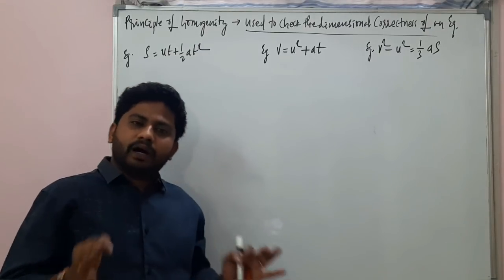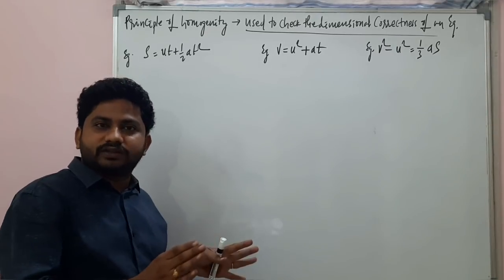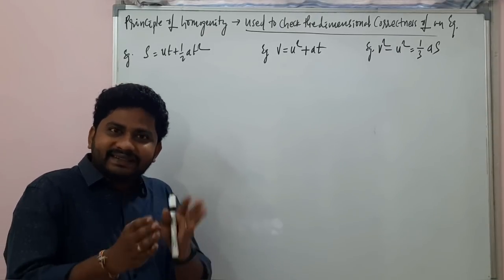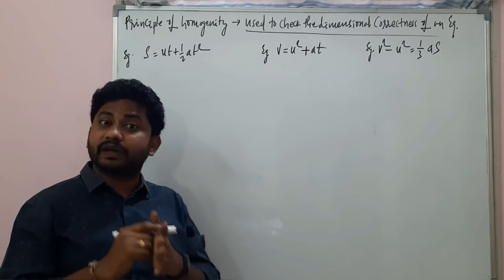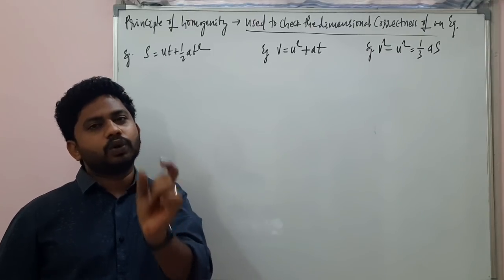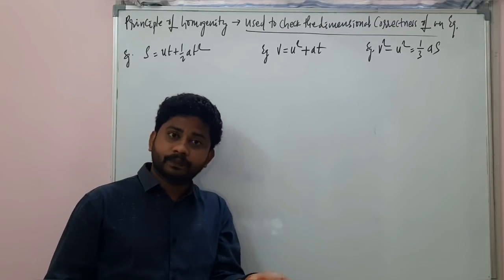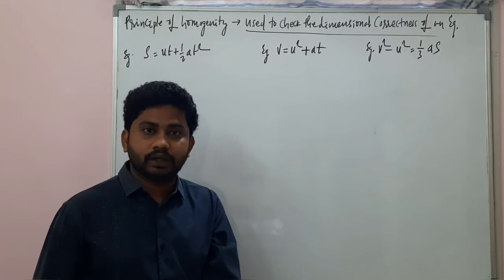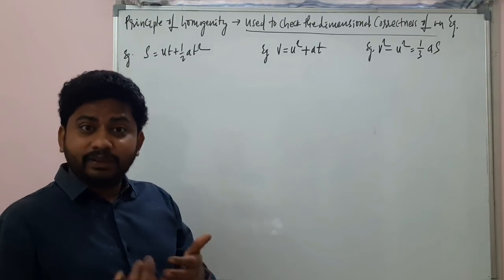Do not think about the incorrectness of the equations. Exactly speaking, incorrectness means physical incorrectness, because you have already learnt a chapter called motion in one dimension. There we learned the kinematic equations.